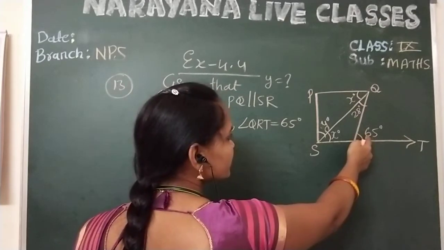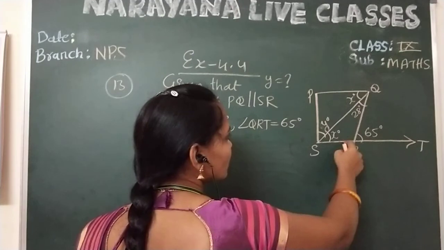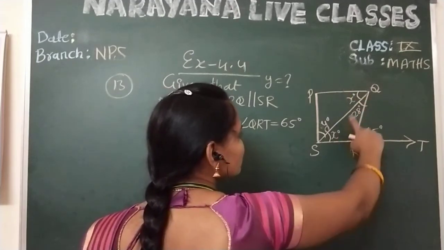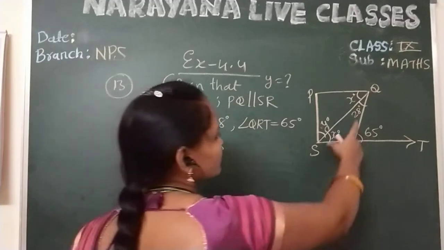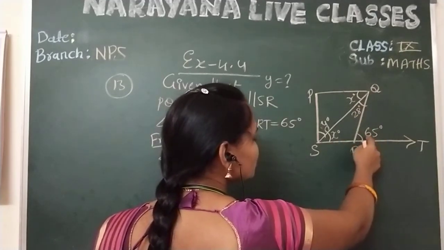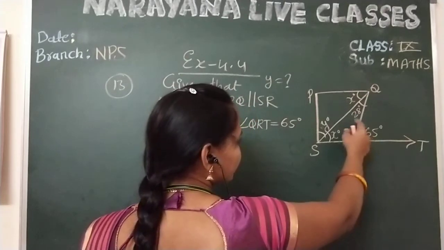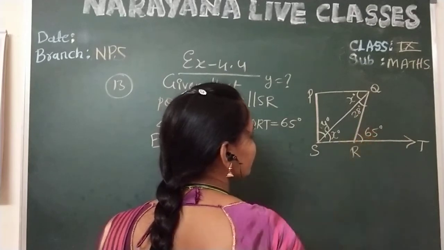One more condition we should use here. These two angles lie inside the parallel lines, so we call them the interior angles, and this is the exterior angle. Now we use the condition: sum of two opposite interior angles is equal to the exterior angle.